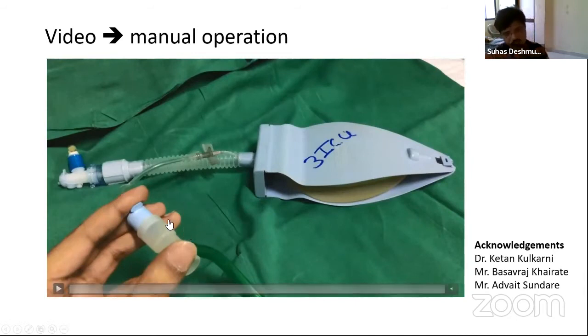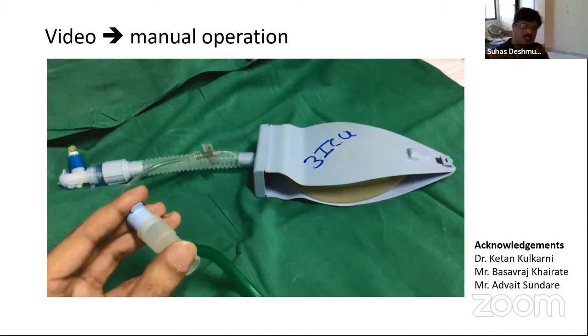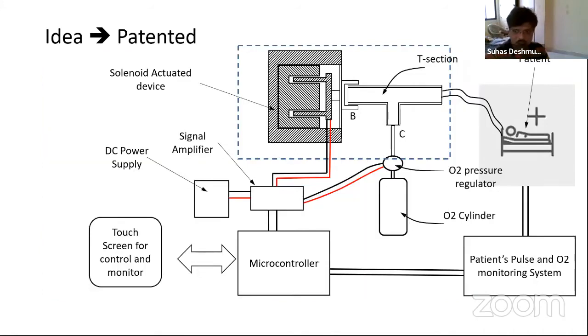For this automation, we should know the level of oxygen available in that particular patient, and based on that it can decide the switching, the flow rate, and many other things. So we decided to develop a patent for this.